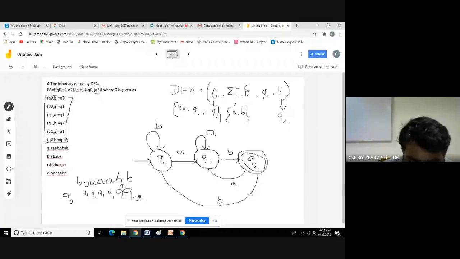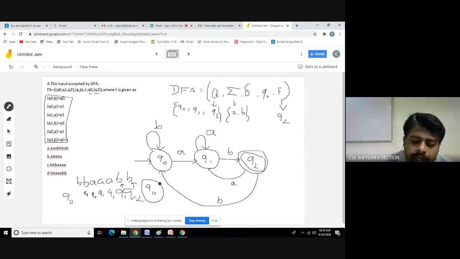From Q2 state, I read B and it goes to Q0 state. So finally, after the last input symbol B, it reaches the state Q0. Is Q0 accepting? It is non-accepting. So this input cannot be accepted by my DFA.